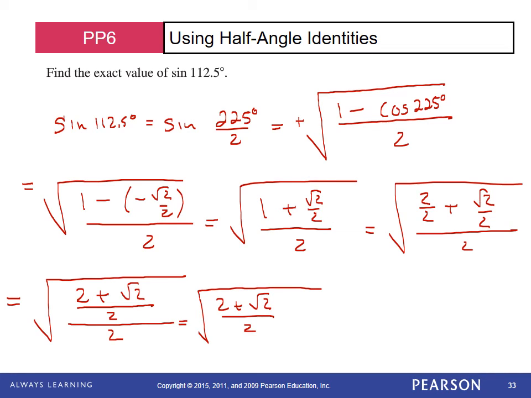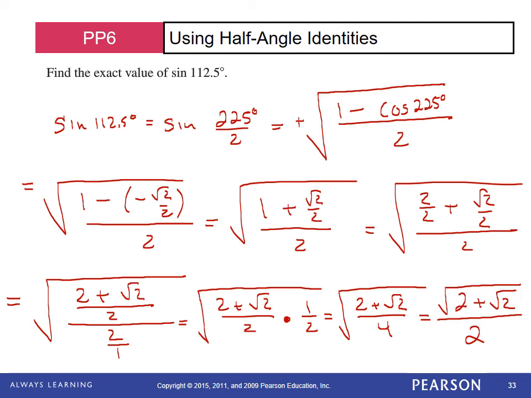So you'd say 2 plus root 2 over 2 now multiplies 1/2. Which will then become 2 plus root 2 over 4, which then will become, because then you can simplify this out, the 4 goes out, and you're left over with square root of 2 plus square root of 2 over 2.